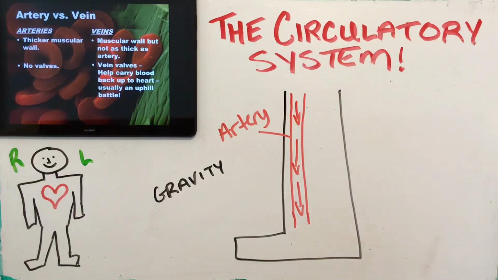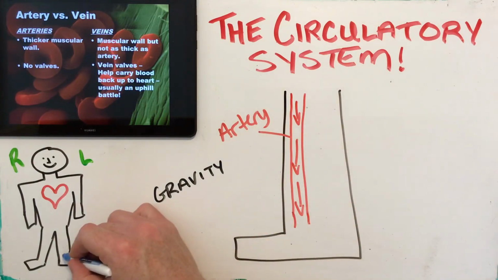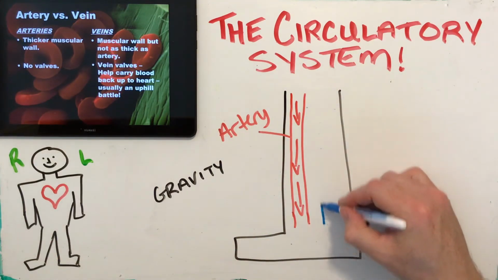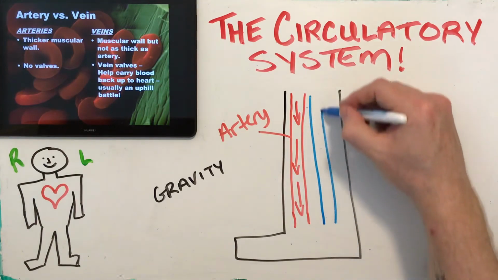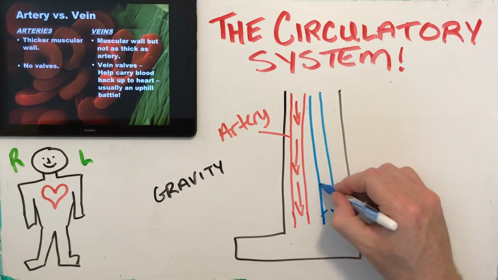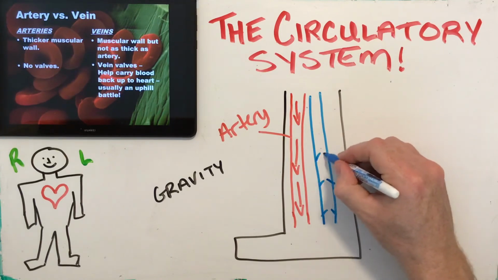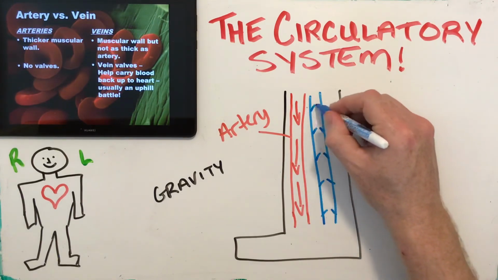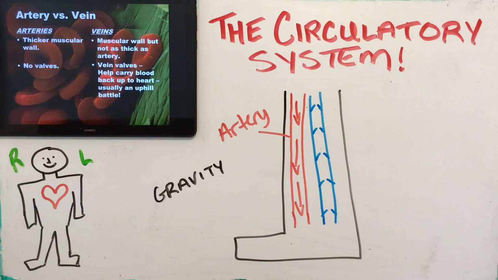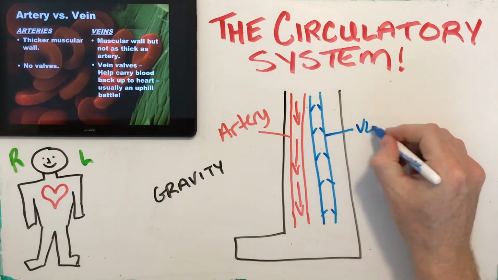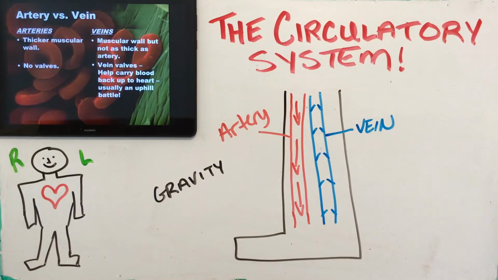Now, if I draw the vein that would return, the vein that would come back up towards the heart, it would run through his leg like that. But there are these little vein valves in here. And what happens here is you can see our vein has to work against gravity. And that's a tougher job, right? Going downhill is easy. Pedaling your bike uphill, well, that's a lot more work.